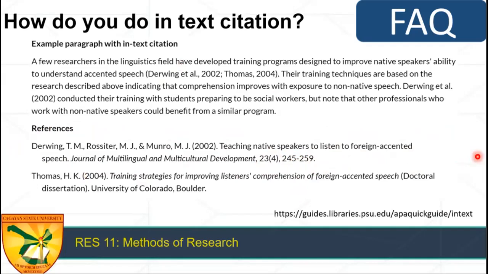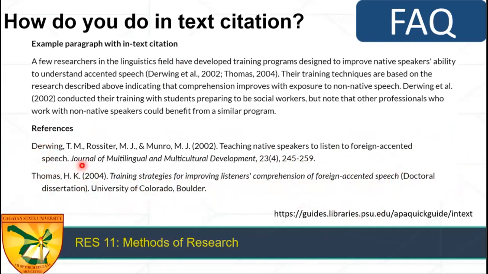But for example, this one, an unpublished paper of Thomas. You will see here that the title of the doctoral dissertation is the one in italics. It's a doctoral dissertation. So there are different ways, for example, if you are looking at articles or web pages.